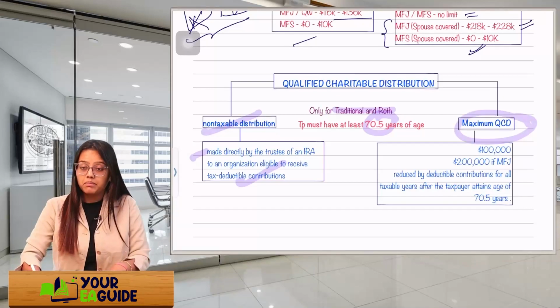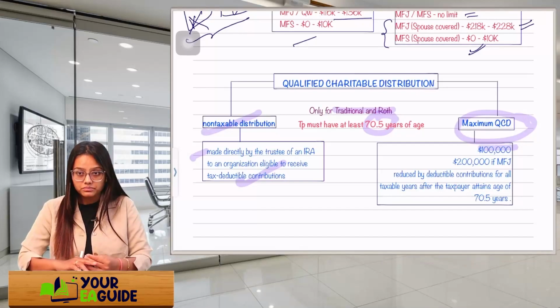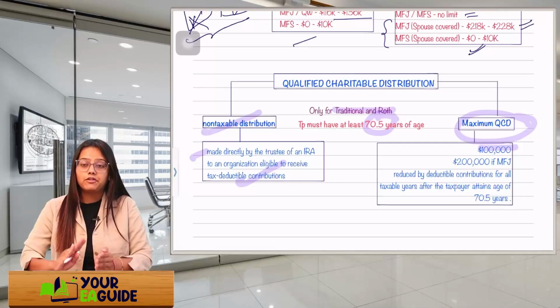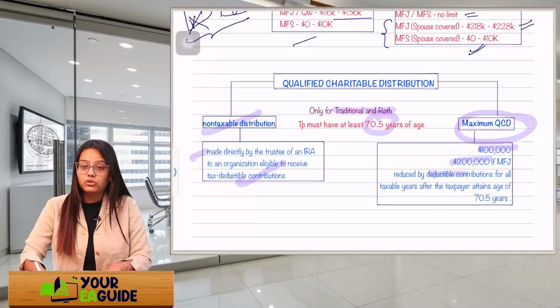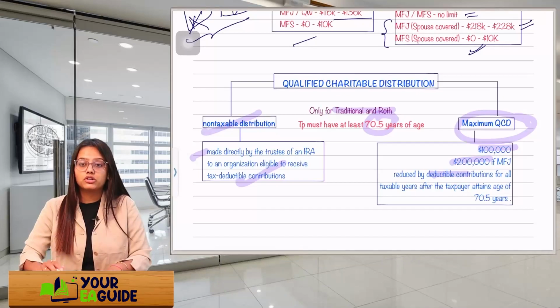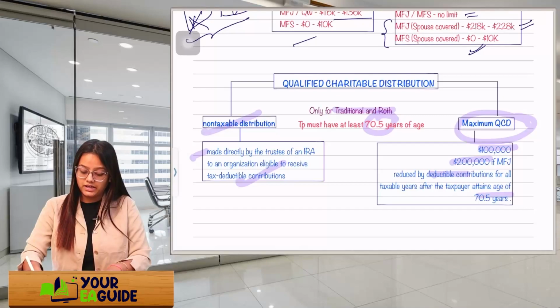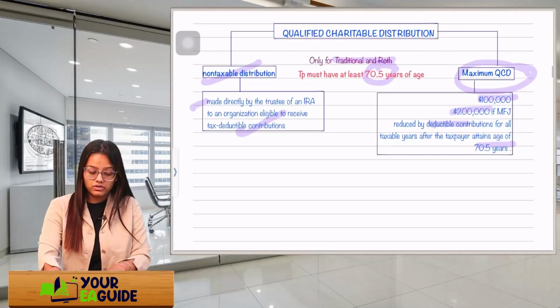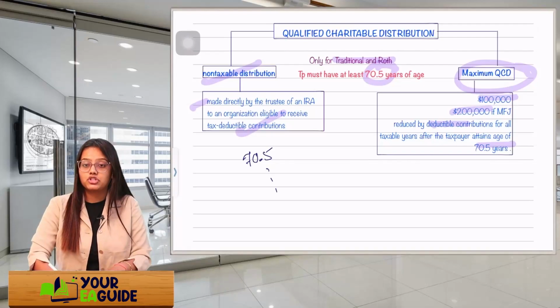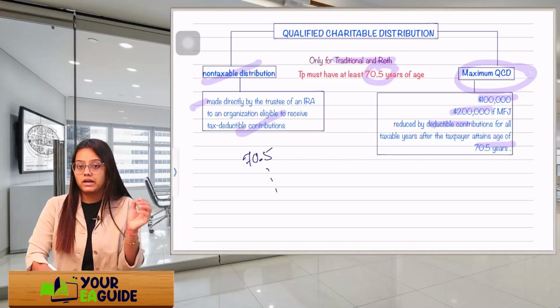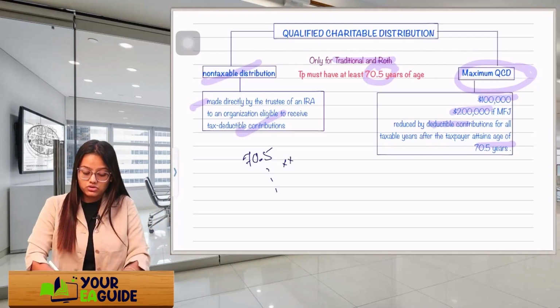Now the maximum you can contribute is 100,000 if a single person. If you're filing MFJ, you can contribute 200,000. It will be reduced by the deductible contributions for all taxable years after the taxpayer attains the age of 70.5. So as soon as the person attains the age of 70.5, any contribution he has taken, any IRA balance he has withdrawn, any distributions he has taken, you need to accumulate that.